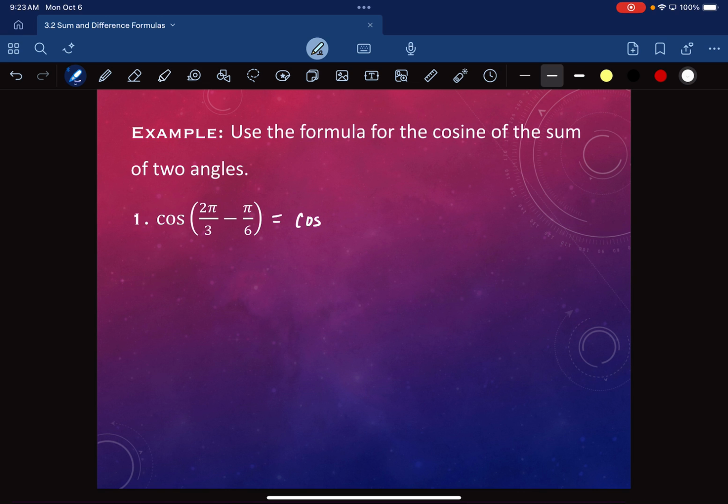What will it start out as? 2 pi over 3. It's the alpha angle, the first one. And it says it's supposed to be multiplied by the cosine of what? Pi over 6, the other angle. What sign comes next? Does it say addition or subtraction? It says addition, so we're going to do addition, right?